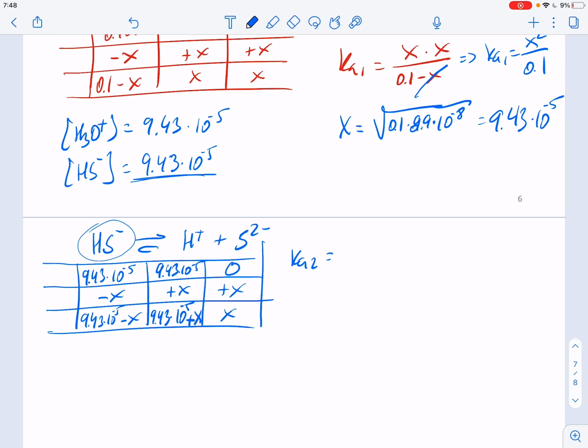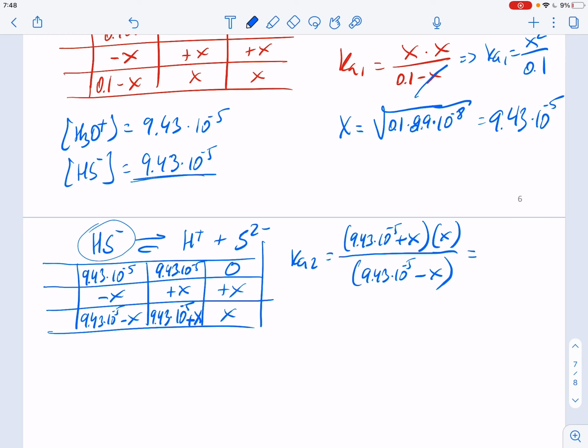Okay? So here, Ka2 is now (9.43 × 10^-5 plus x) times x, divided by 9.43 × 10^-5 minus x.